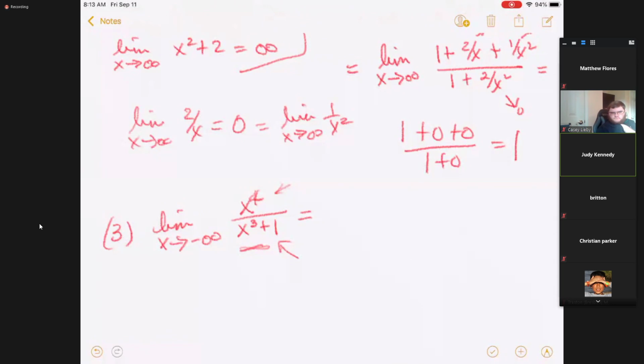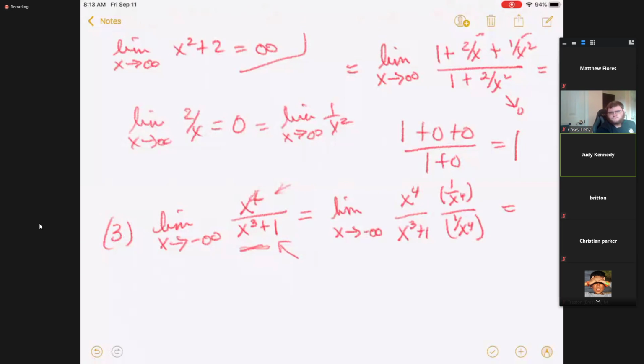Okay, but let's see, I'm going to try the same sort of thing here. The degree of the numerator is 4. So I'm going to try multiplying by 1 over x to the 4th divided by 1 over x to the 4th.